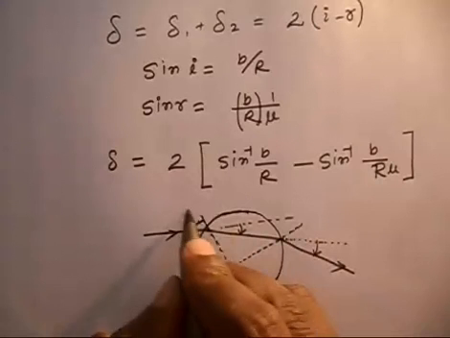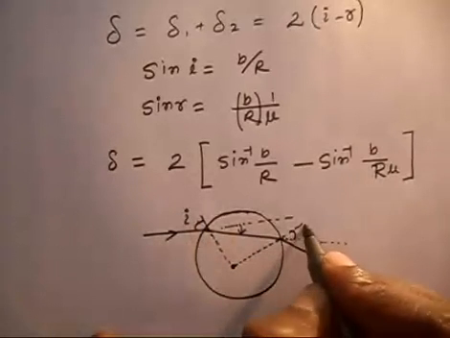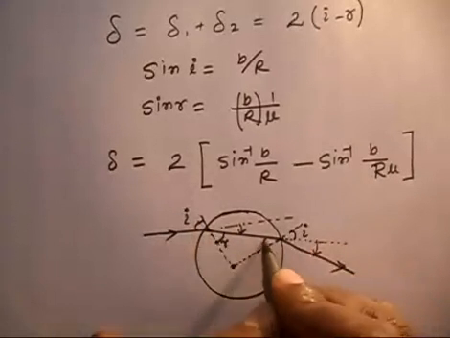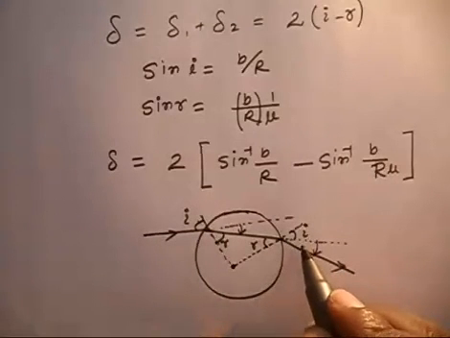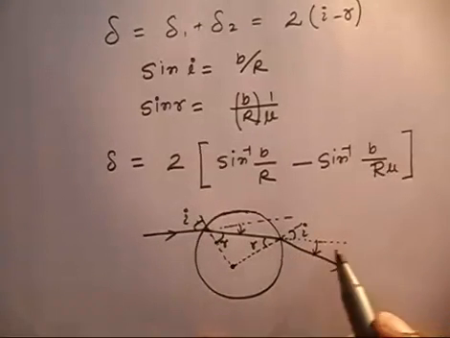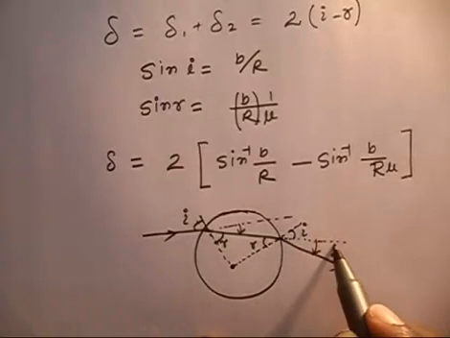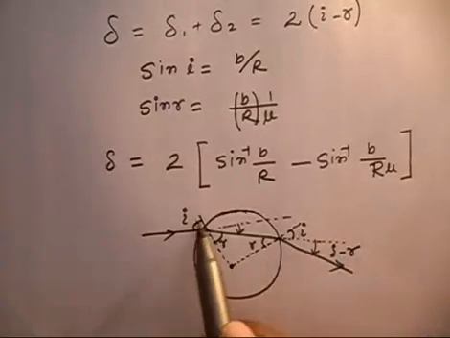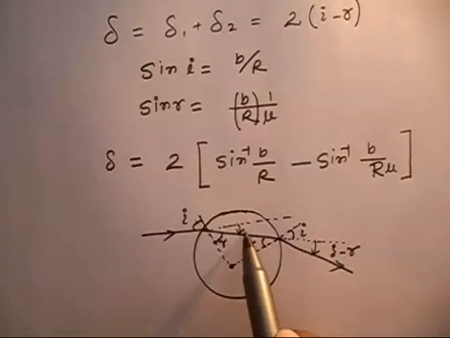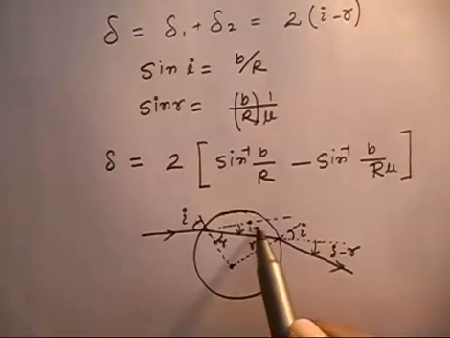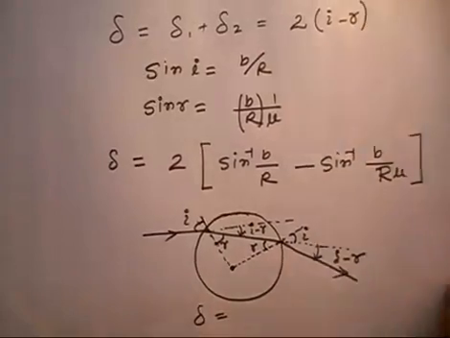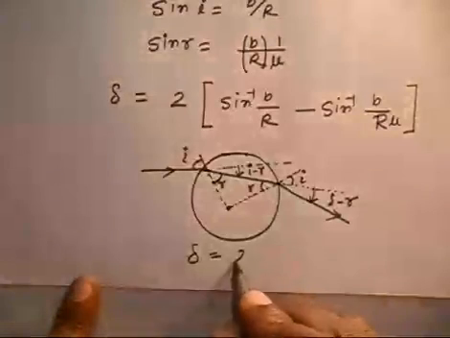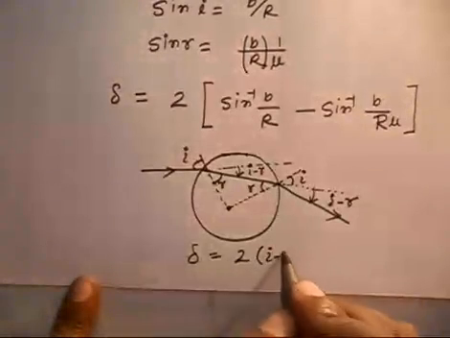So this angle is I, and this angle is also I. If this angle is R, this angle is R. So this total angle is R. If this total angle is I, then this angle is nothing but I minus R. So the total deflection delta is 2 times (I minus R).